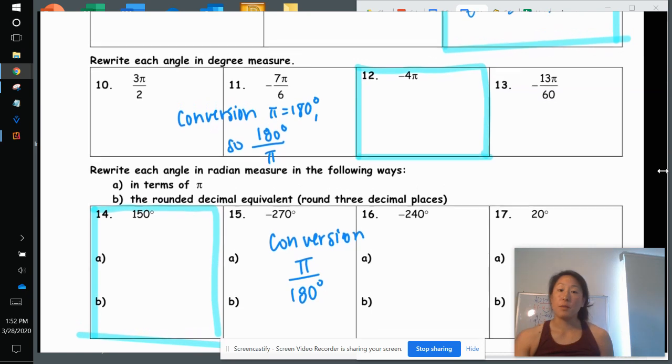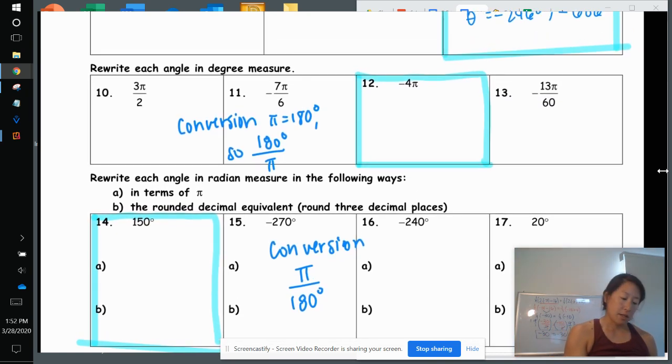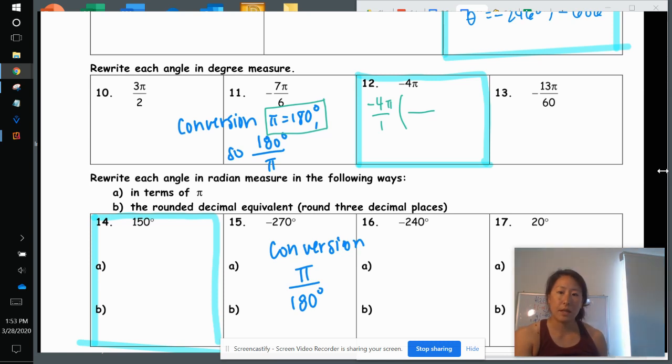We're going to convert between degrees and radians. So for radians, I'm going to start with my negative 4 pi over 1, basically. And I want to convert this to degrees. This is just like chem. It's just a unit conversion. I don't know what you call those. It's escaping me right now. Okay. So I know that pi is equal to 180 degrees.